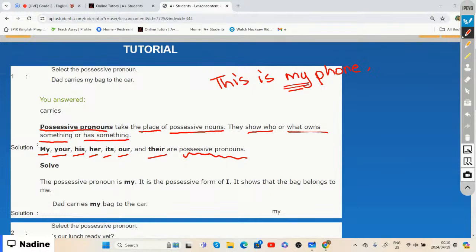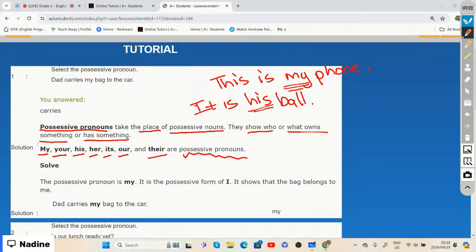If something belongs to someone, let's say a boy, then we can say it is his ball. It's not your ball, but it's his ball. And his can mean that it belongs to Jack or Seth or Samuel, for example.